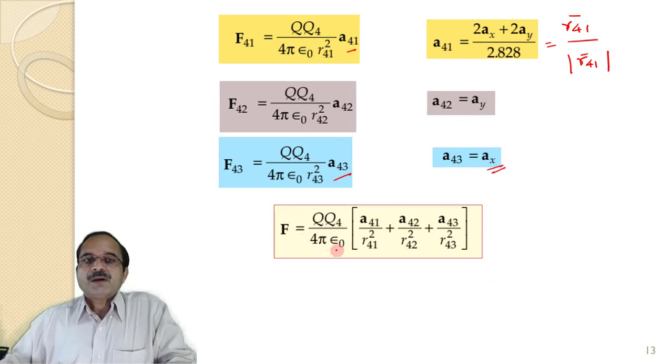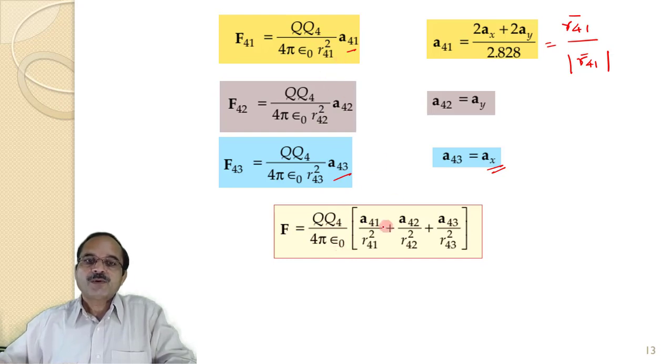So substituting all the three, taking common terms outside, that is Q4 upon 4 pi epsilon 0. This gives me a41 upon r41 squared, similarly a42 divided by r42 squared, a43 divided by r43 squared.